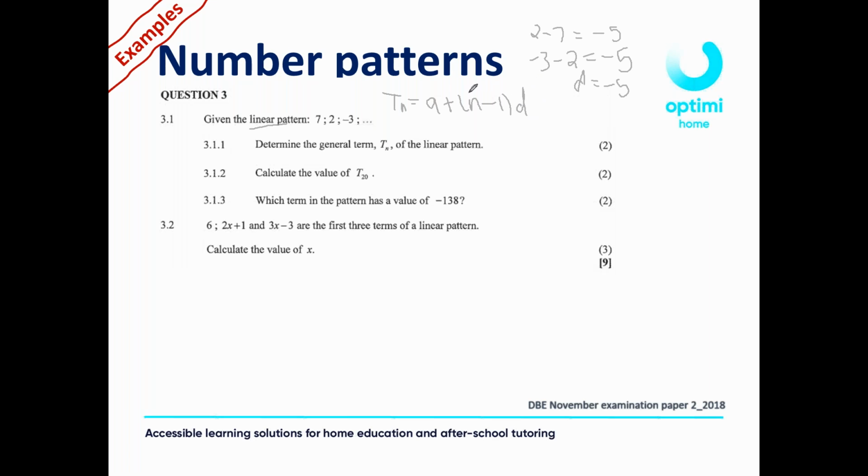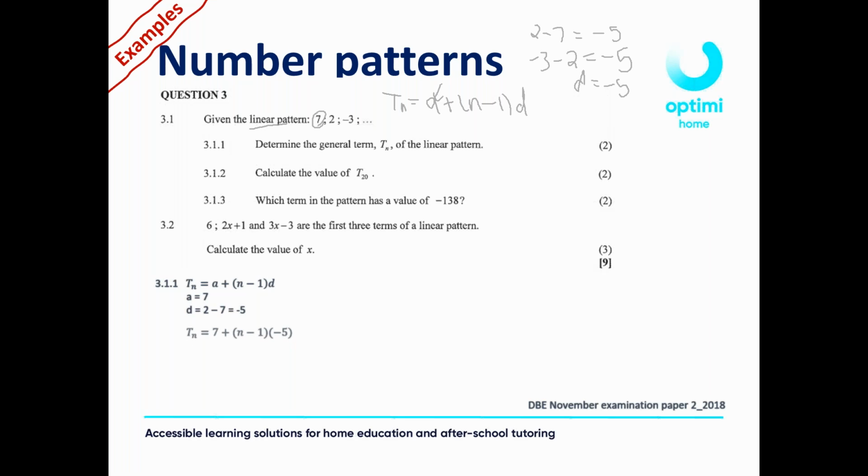The other one that I can just read off from here is my A, which represents my first term. So the first term of this sequence is 7, and you can just substitute it into the equation. I've said this is the equation that you will use. We can see that A is 7, and we can see that D is -5. And now I'm just going to substitute it into this equation.